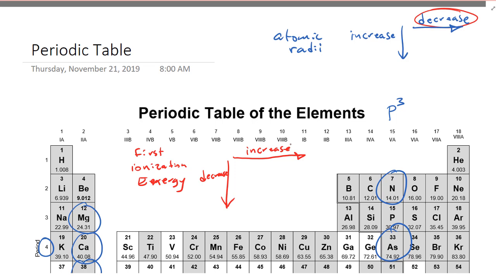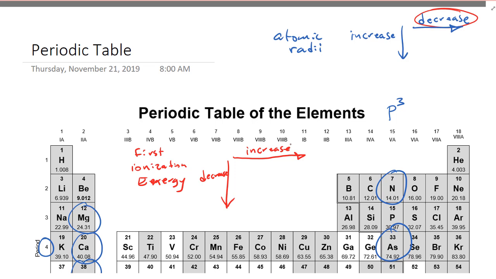And the explanation that we give for the first ionization energies simply has to do with the atomic radii. Remember that as we go across from left to right, what's happening to the effective nuclear charge? As we go across from left to right, the effective nuclear charge is increasing.